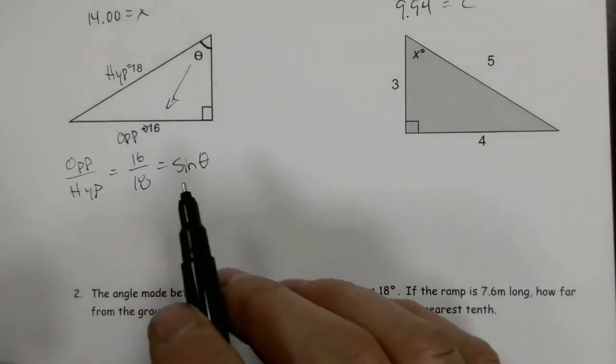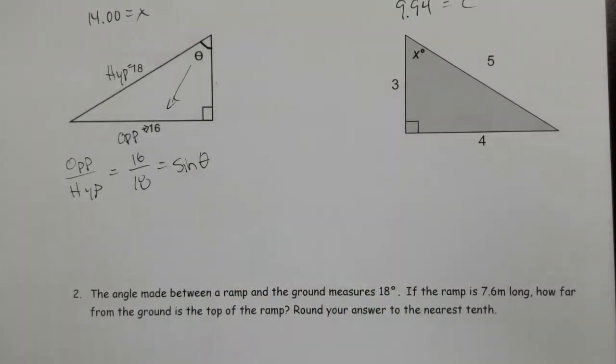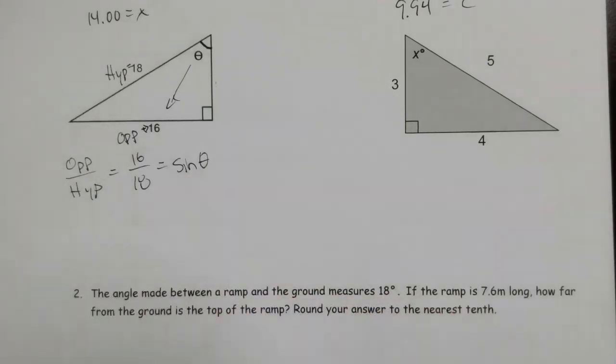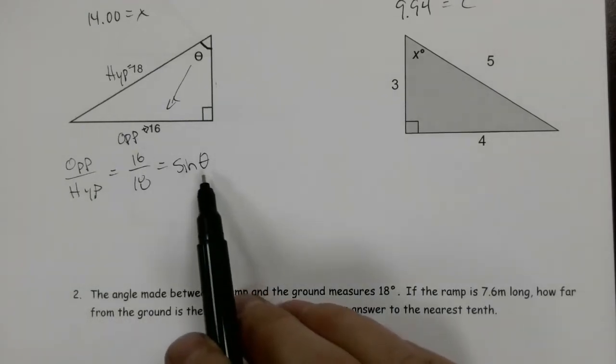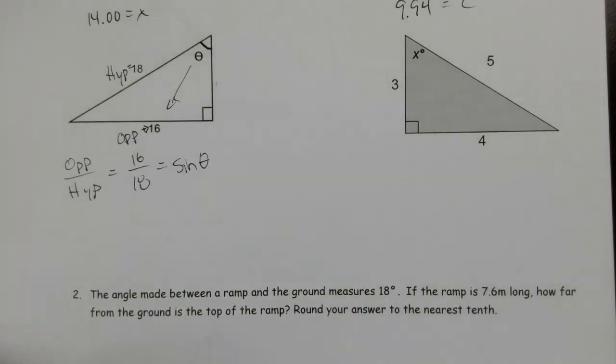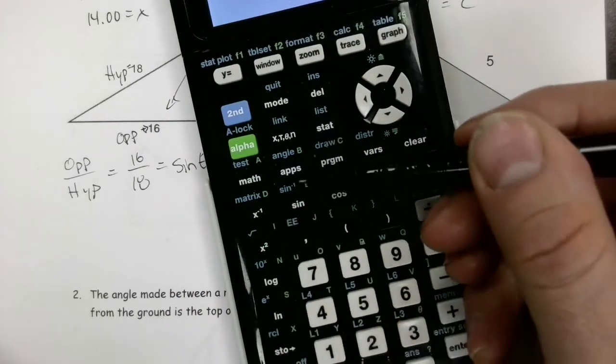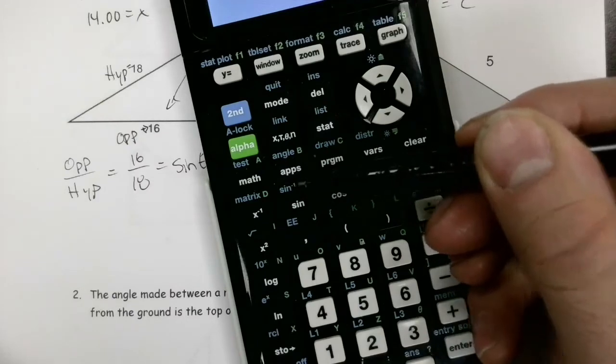So the question is, before, I could plug in the angle and the calculator would tell me what the ratio is. Well, is there a way that the calculator can go backwards from the ratio back to the angle? And the answer is yes. And the nice thing about it is it's basically the same button that you're using right here, but it's this feature above it.